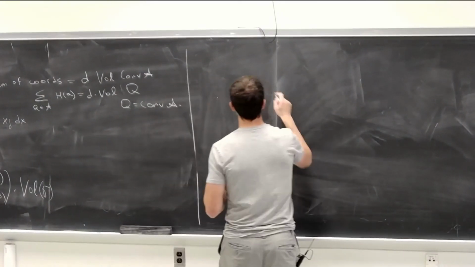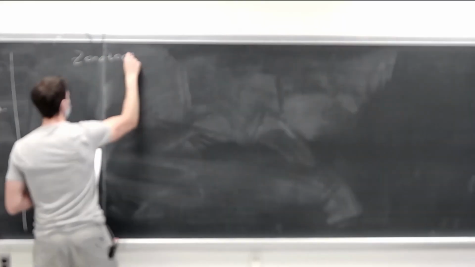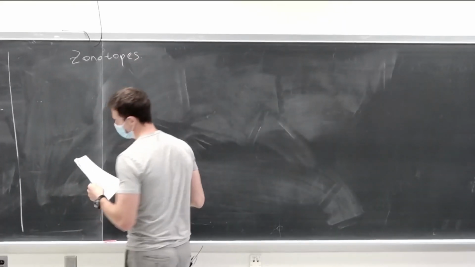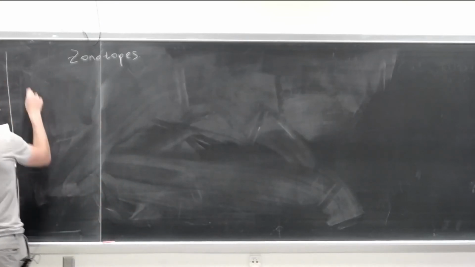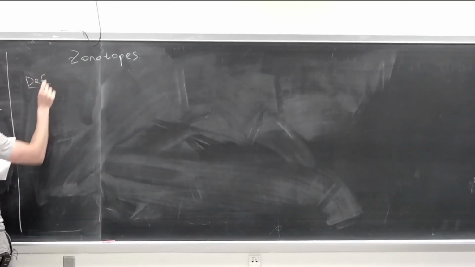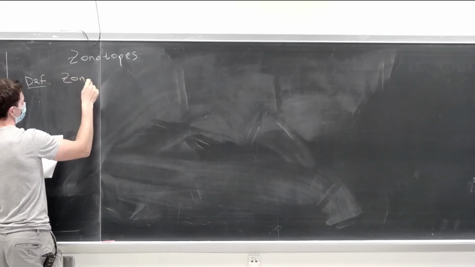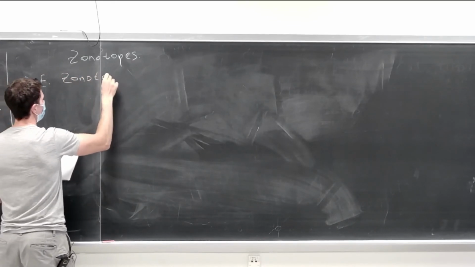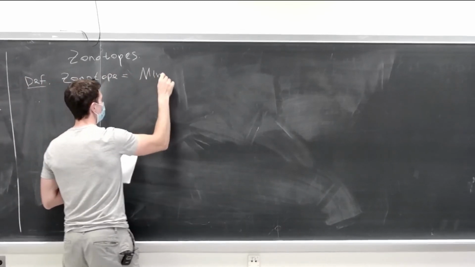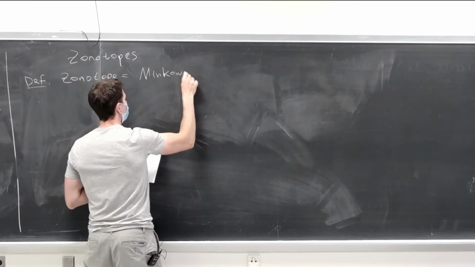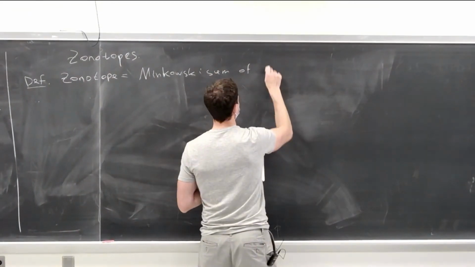And now the next thing I'm going to do is consider zonotopes, which again are going to look like I'm talking about polytopes. By definition, what is a zonotope? It's something you have already all seen. A zonotope is by definition a Minkowski sum of line segments.